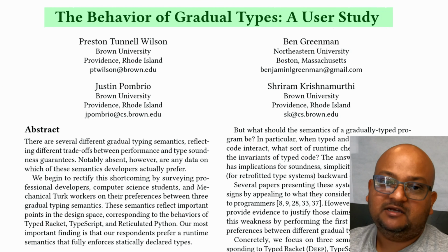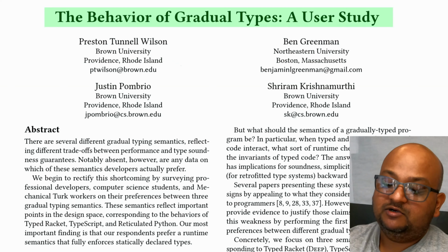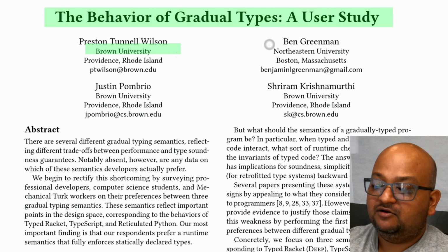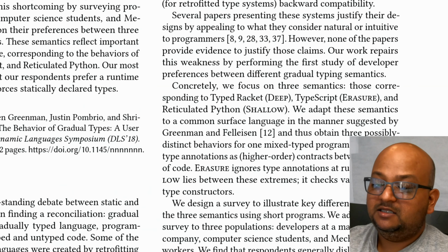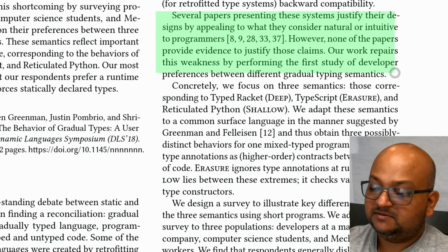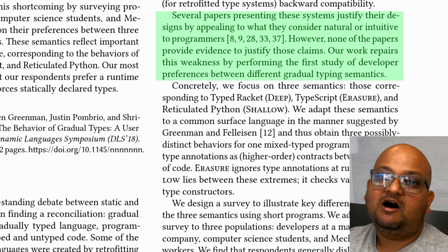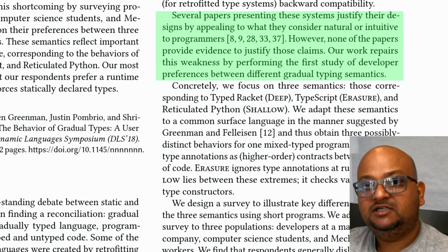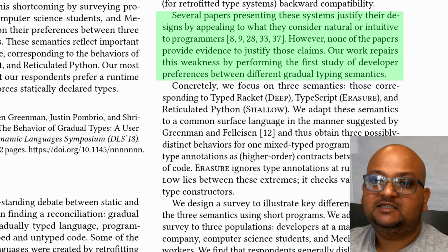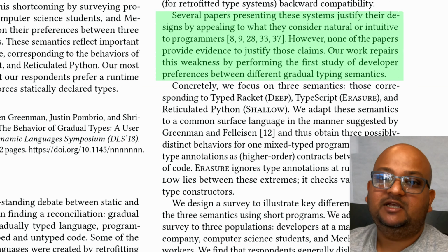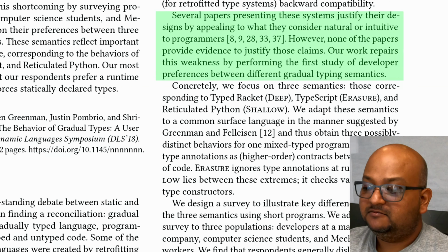Do they feel things are expected or unexpected? This work was done by folks at Brown and Northeastern University. The main contribution of this paper is to provide empirical evidence of how programmers judge gradual typing systems, whether they consider them to be intuitive or not.